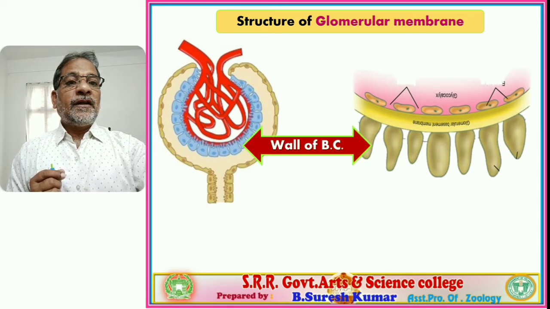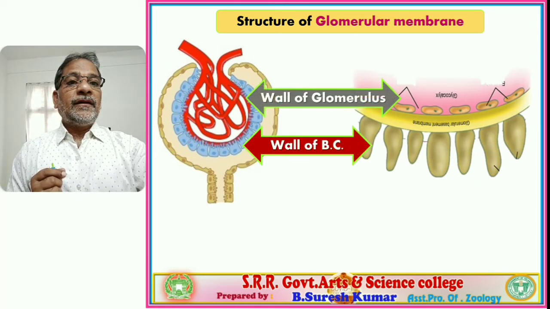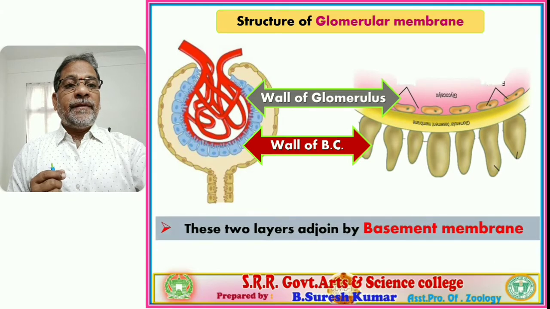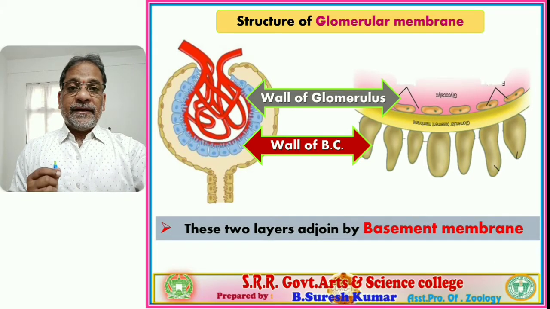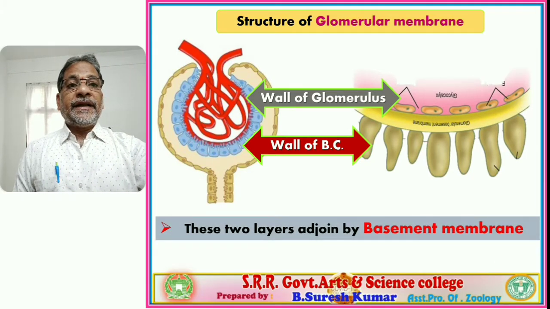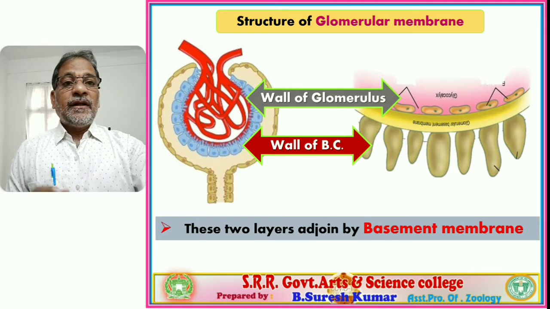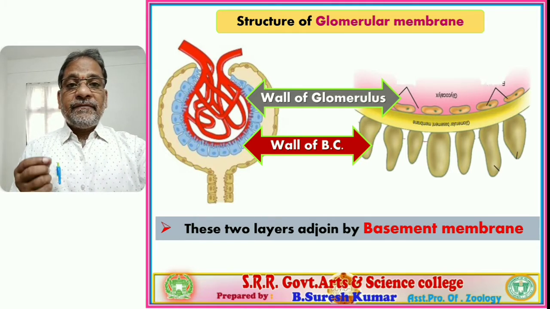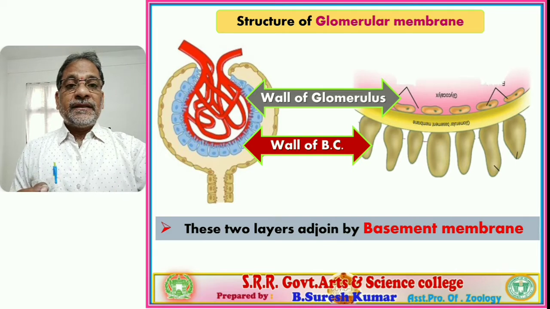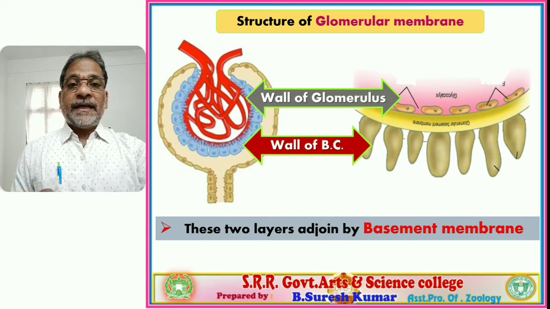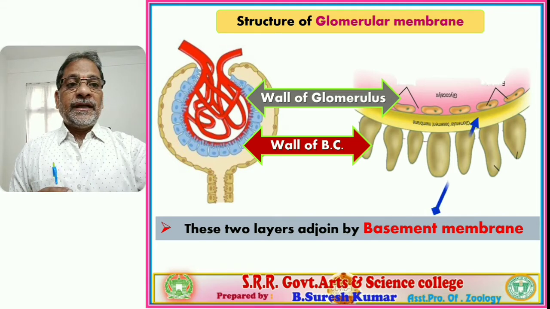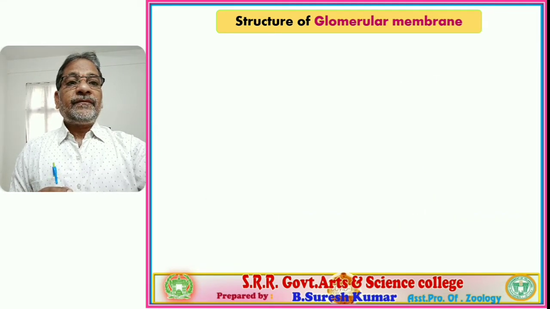So this is wall of Bowman's capsule and wall of glomerulus inside. These two layers are joined by basement membrane, which includes collagen and connective tissue. So the filtering membrane includes three layers.